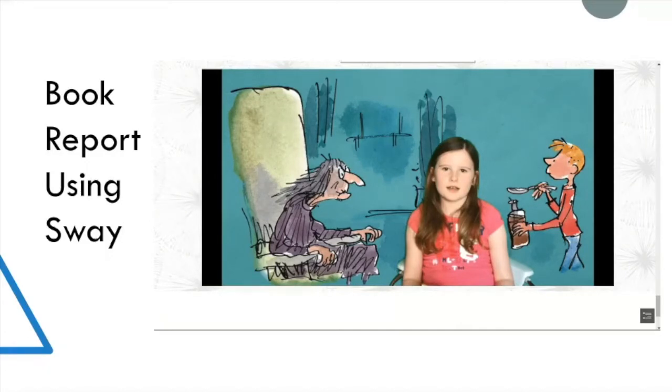She then took this into iMovie, where she added on her title screen, her transitions, and there was some background music there as well. But that was then finally embedded into her Sway presentation about her book report. So again, thinking about the SAMR model, you can see how this has evolved using digital tools.